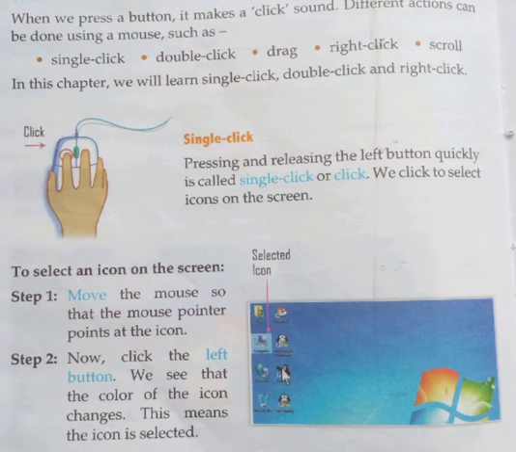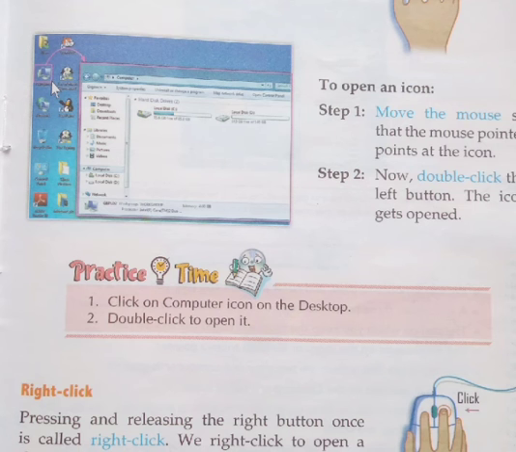To select an icon on the screen, there are two steps. Step number 1. Move the mouse so that the mouse pointer points at the icon. Step number 2. Now click the left button. We see that the color of the icon changes. This means the icon is selected.